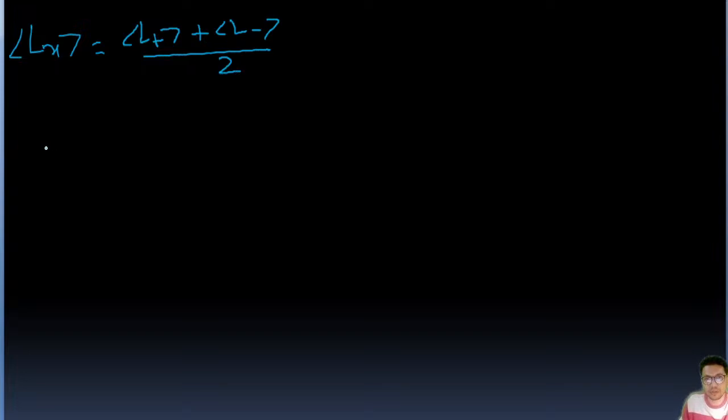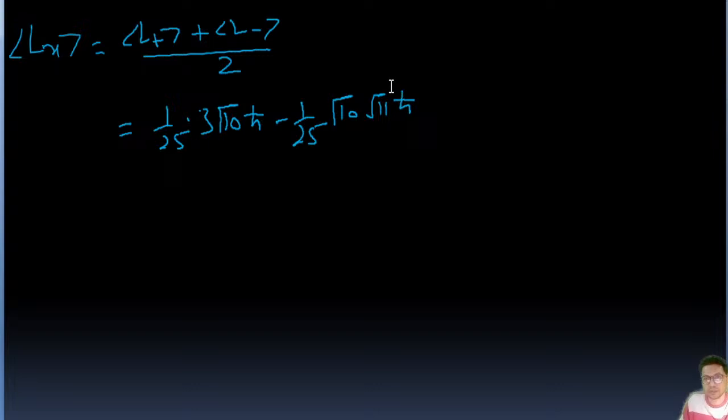After putting the values, it is going to be 1 by 25 3 root 10 h cut minus 1 upon 25 root 10 root 11 h cut.